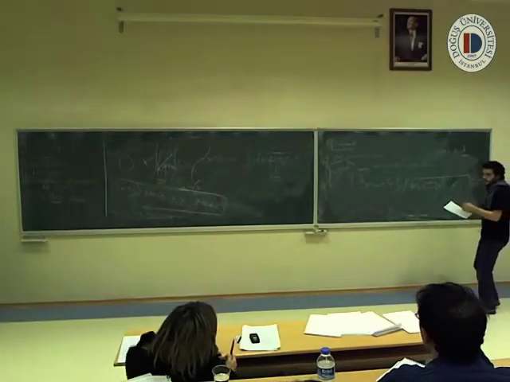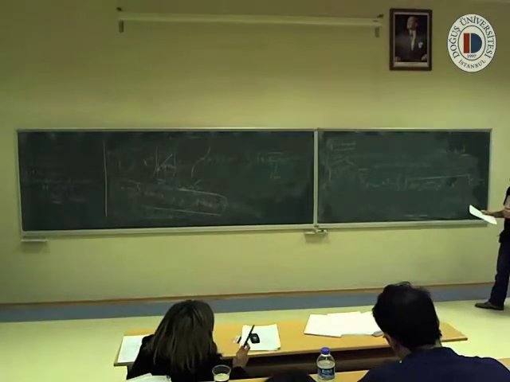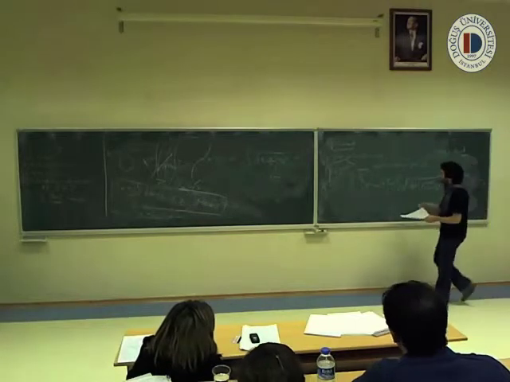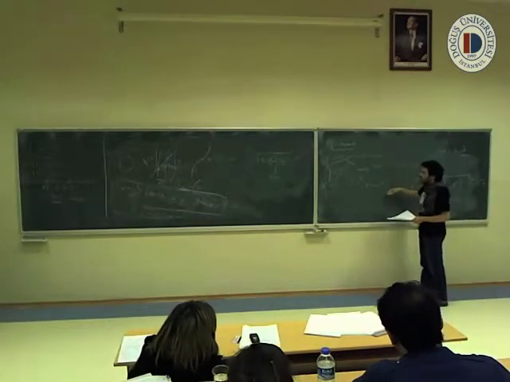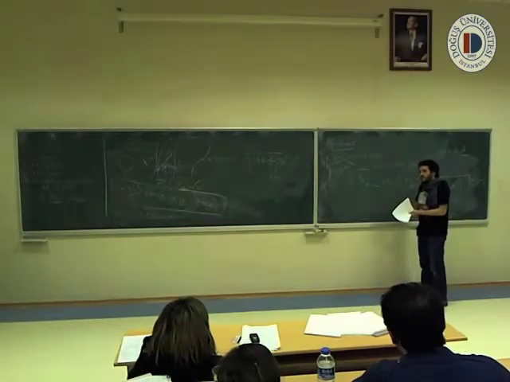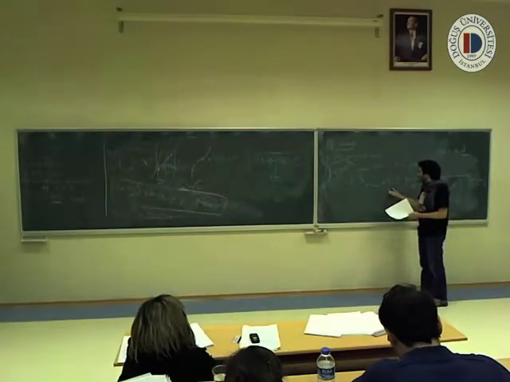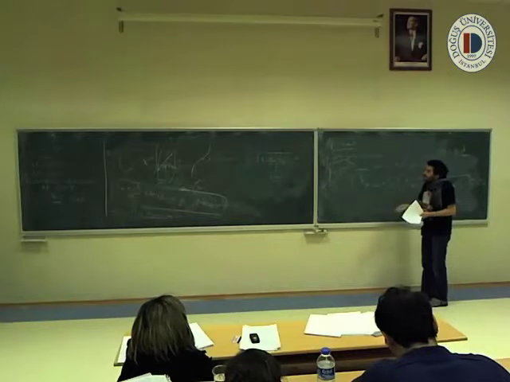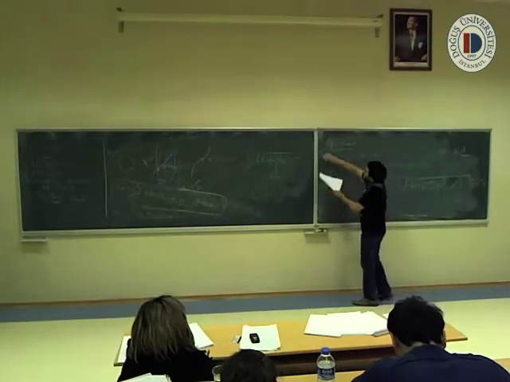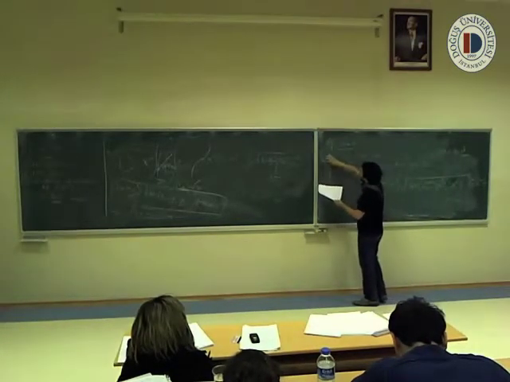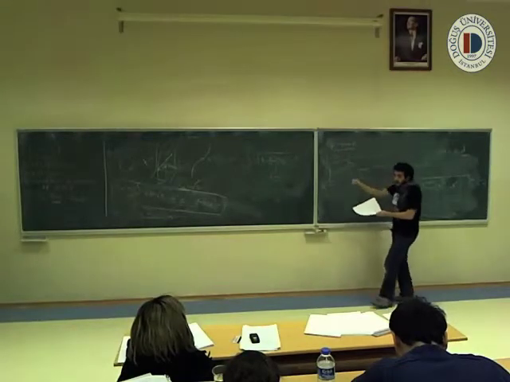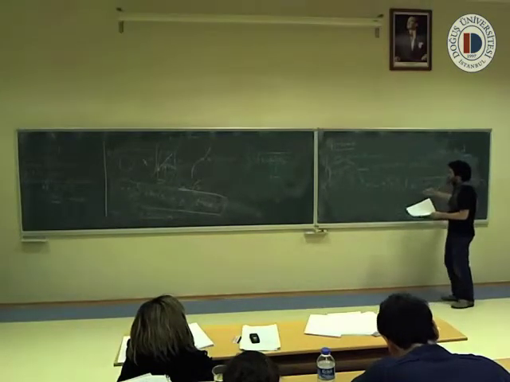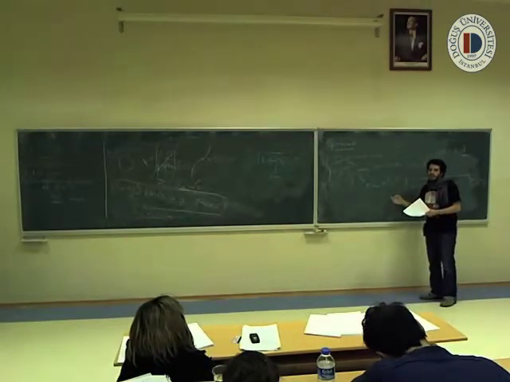What would be the effect of tension? The effect of tension is that it is like the mass of the object. This is like the infinitesimal mass of the object. If the object has some finite size, then you integrate this and arrive at the mass of the object.